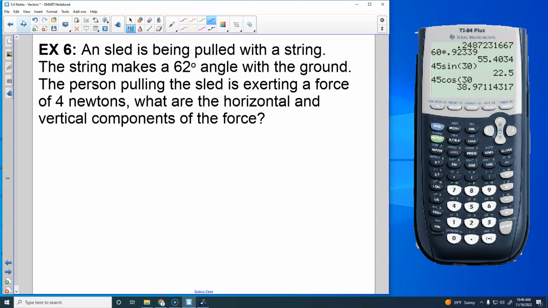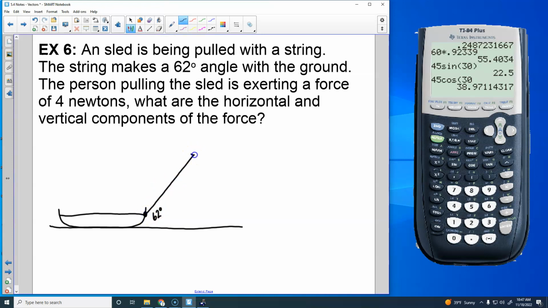So, if we think about pulling a sled, if you're thinking about maximizing your effort, you want your effort to do the most good. If we are pulling the sled along the ground, here is our sled right here. We have a rope that makes a 62-degree angle with the ground.